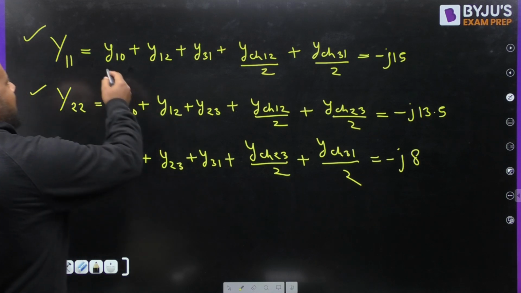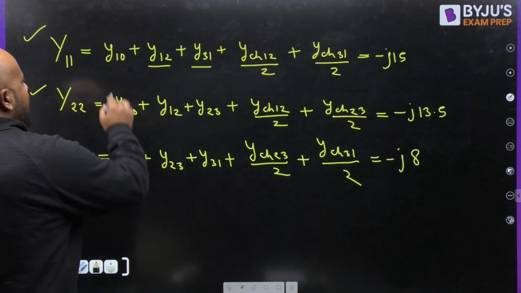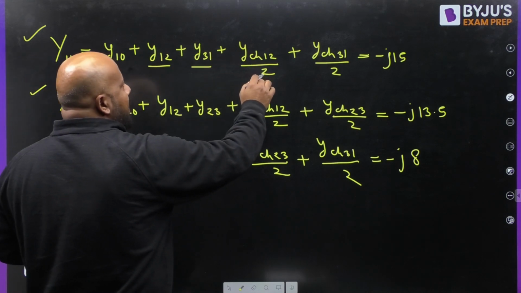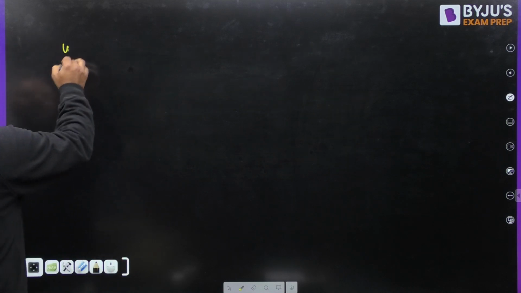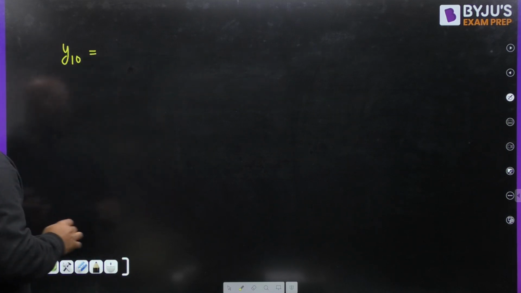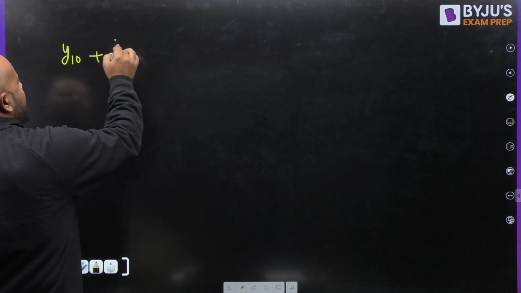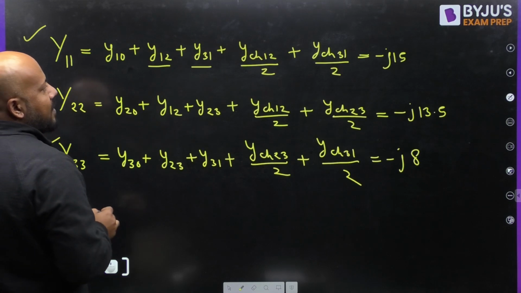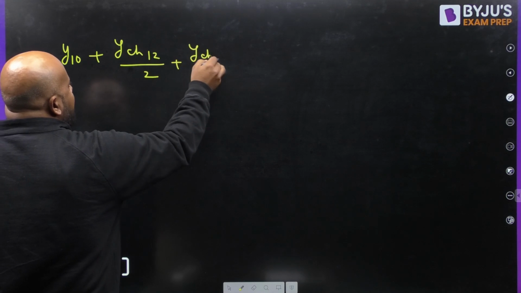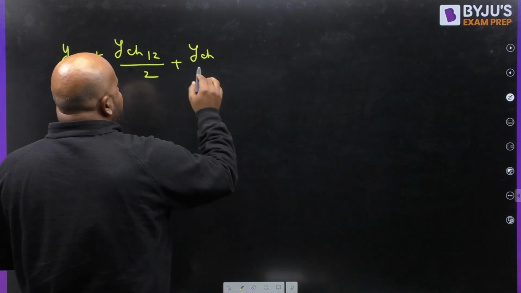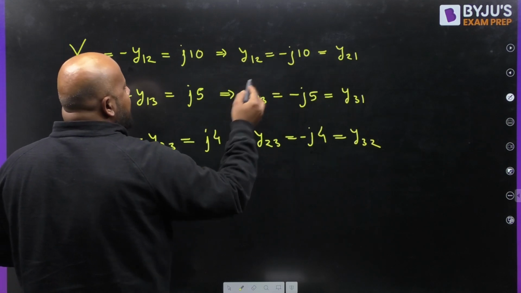Now you know what is the value of y12 and y31. Just put these values. Only y10, y charging 12 by 2, y charging 31 by 2 is going to be the unknown. So I am writing it again. As per first diagonal element, it is going to be y10 plus y charging 12 by 2 plus y charging 31 by 2, and this is given as minus j15.